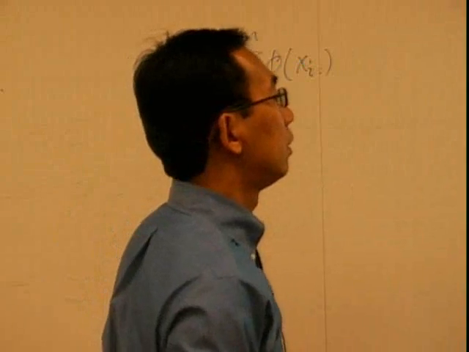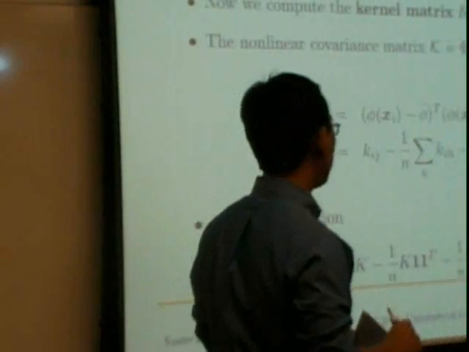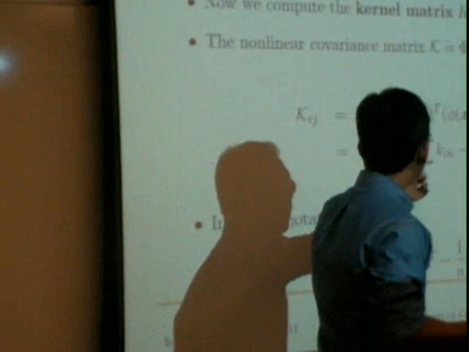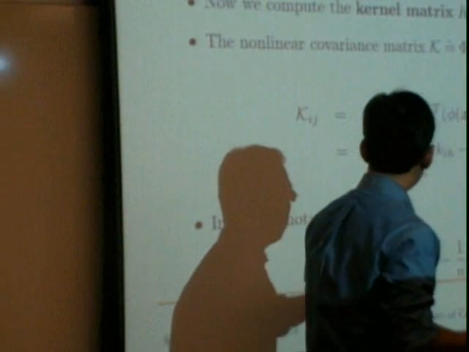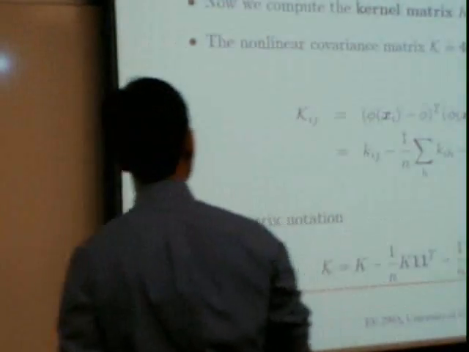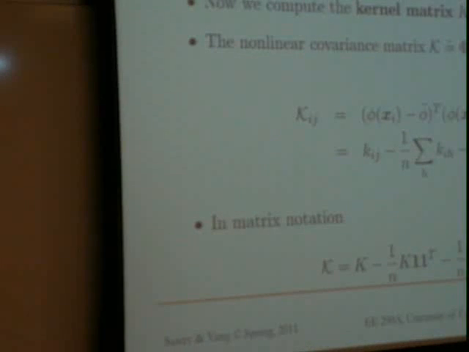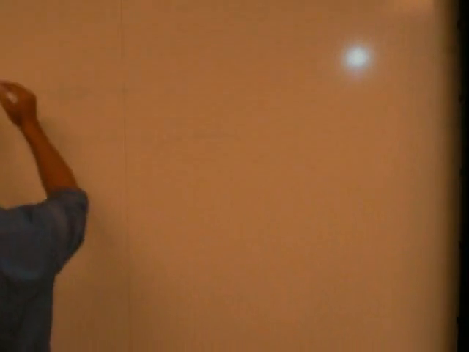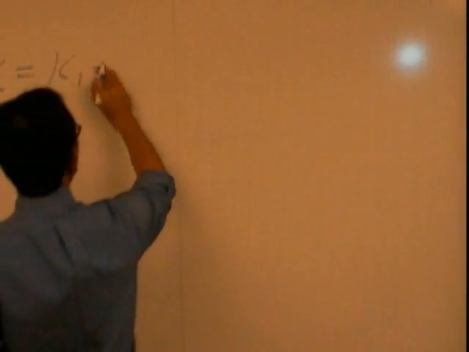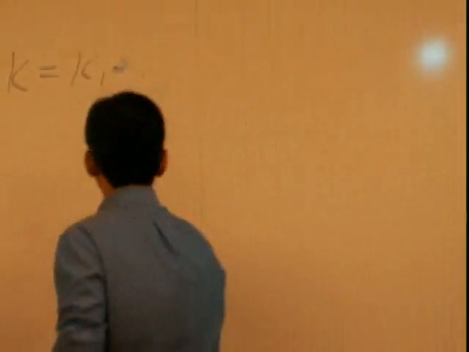Okay. So now, how to derive from this step to this step? What we only need to do is check if, element-wise, these two matrices are equal to each other. So let's say the left-hand side is equal to k1 minus k2 minus k3 plus k4.